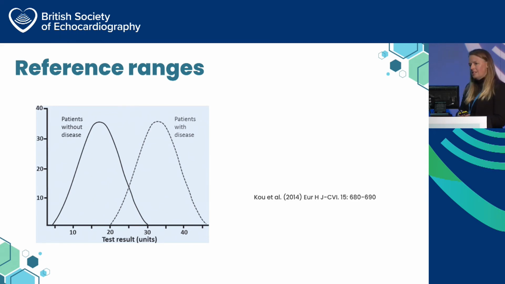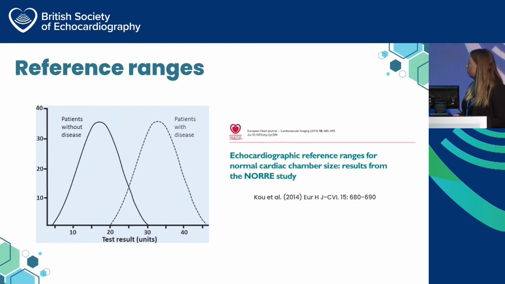So when the BSE folk are trying to establish the reference ranges for our posters that we use in our department, they take a particular approach. And for the latest guidelines, they use the Norris study, which you've heard talked about in some of the other talks. So this was a multi-center study in Europe, about 700 patients included, and the echo measures were all done in EACVI accredited labs, in core labs.